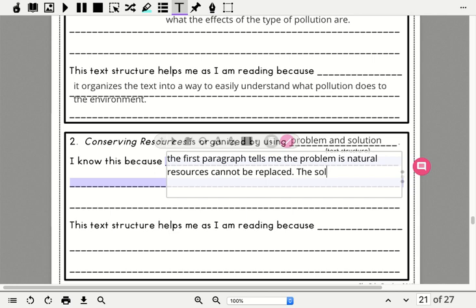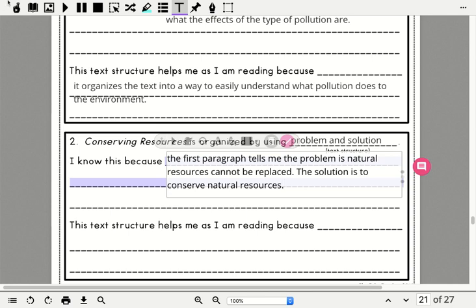The solution is to conserve natural resources.